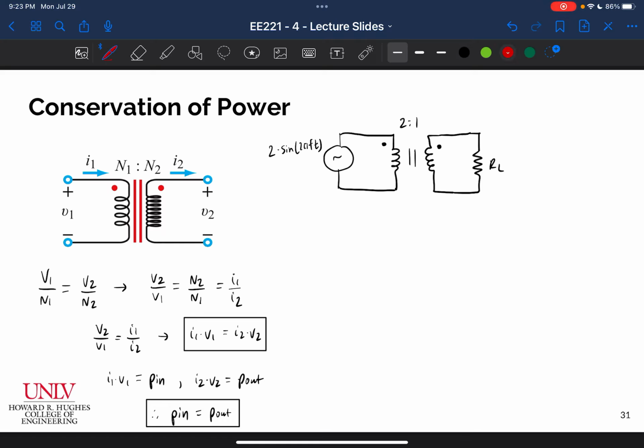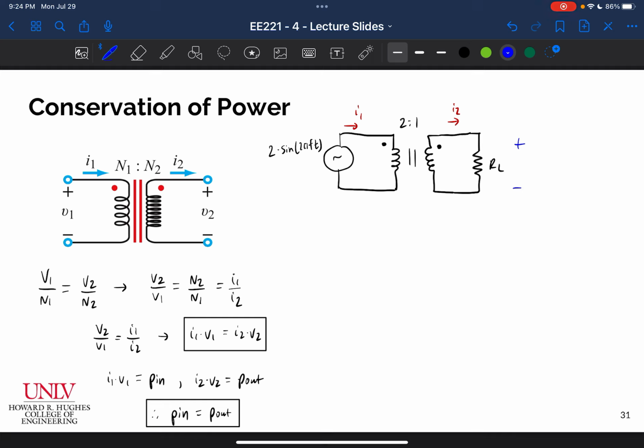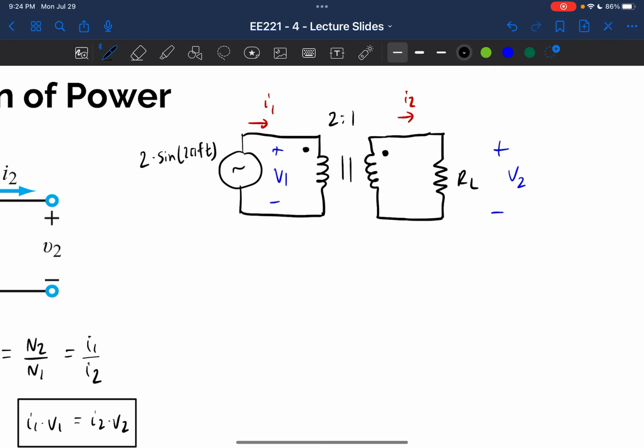And I'll call this I1, call this I2, and then we'll call the voltage across the secondary or the load V2. We'll call this one V1. Okay, so I want to determine the currents flowing here and the voltages in this circuit. Let's just say that's what I'm after here.